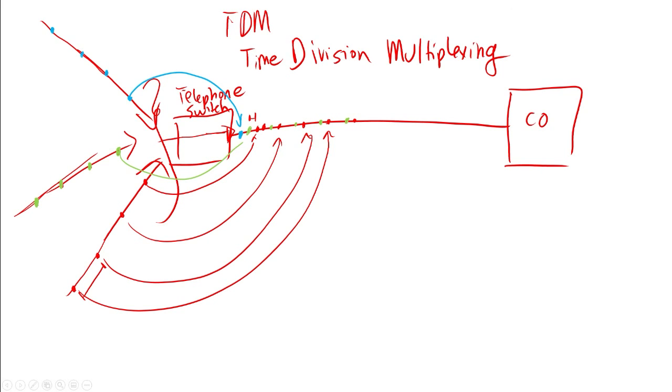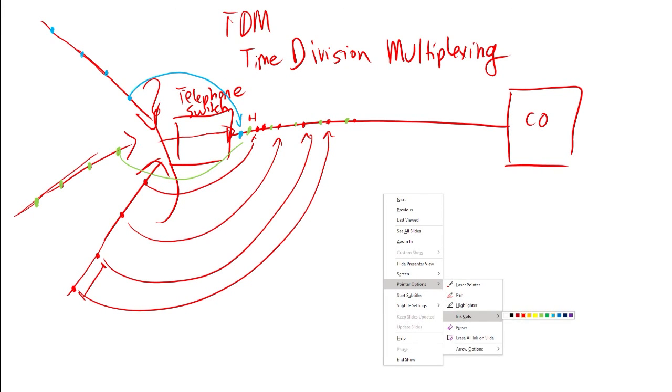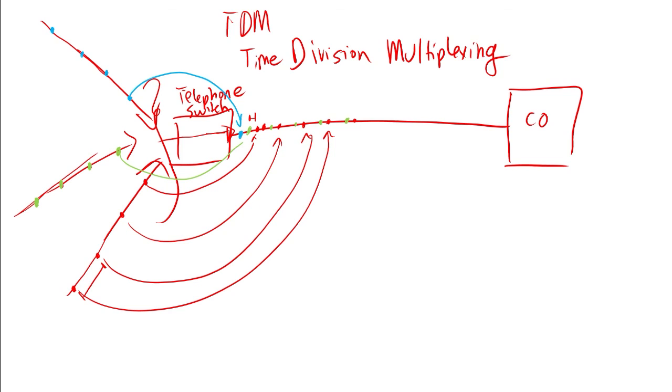Oops, should be blue. So you get the picture here. So basically what we're doing is we're giving each data feed some equal time on our stream. And as long as our samples are frequent enough, we're not going to miss any data.